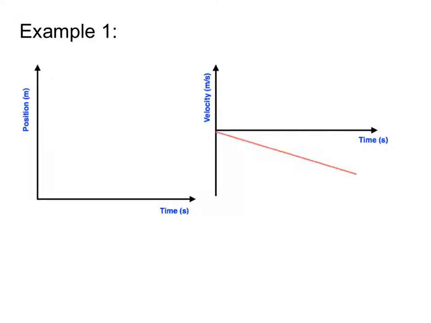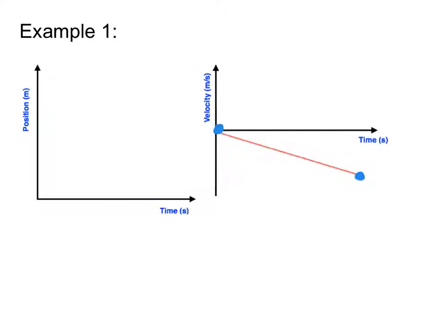Okay, going backwards. This is kind of interesting because it's like a puzzle, and we need to fill in the blanks. First up, we know that our first velocity is 0, and we know that our final velocity is negative.